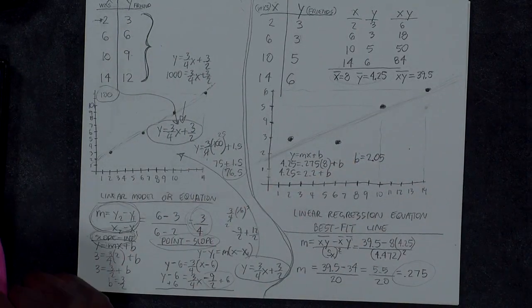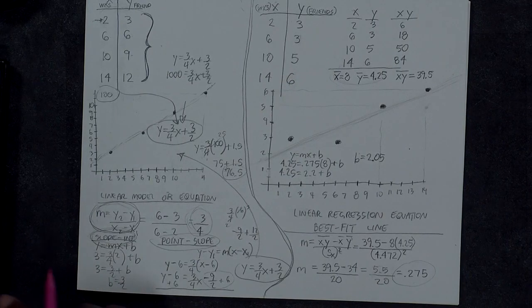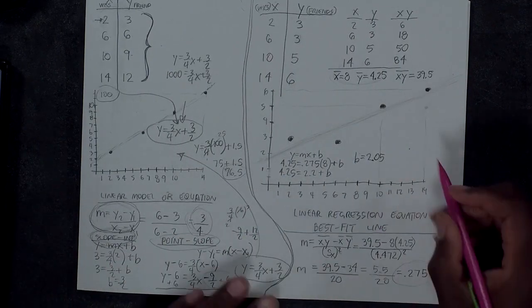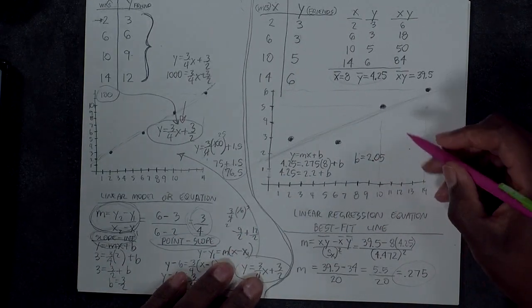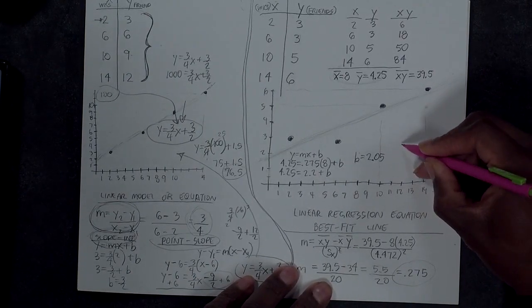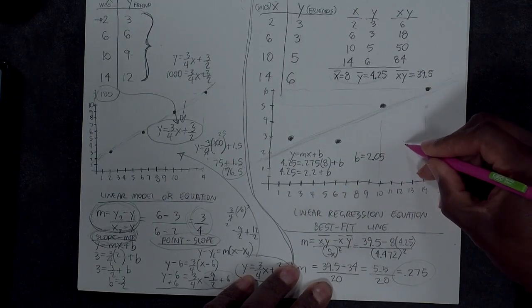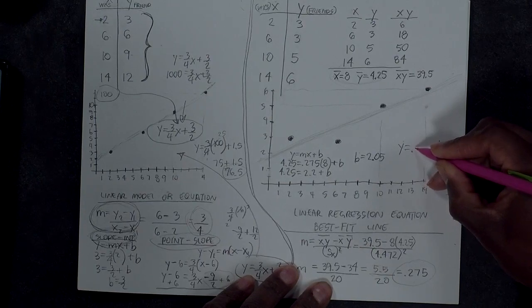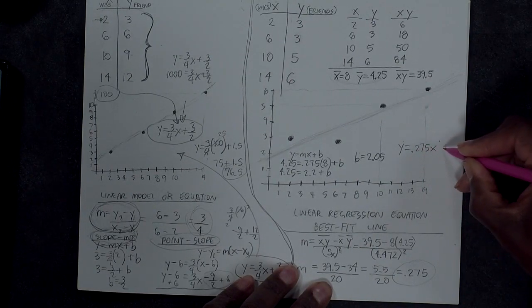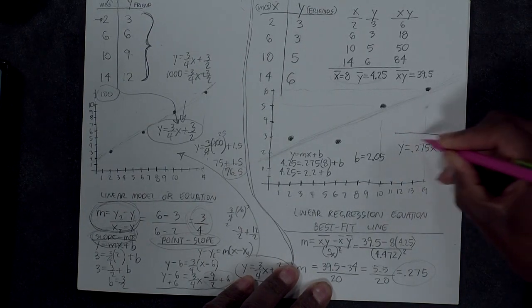So now that's our equation. The equation that best represents this data is y is equal to 0.275x plus 2.05.